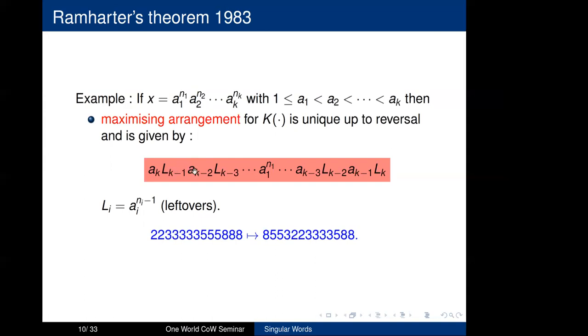Then you go here and you put the next largest integer, the leftovers go here, and you continue in this way. So I just worked out a simple example. The word consisting of 2, 3, 5s, and 8. You put your first 8 here, leftover 8s go there. Next largest integer is a 5, you put it here, leftover 5s go here. Then you put your 3, leftover 3s, and the 2s get crammed in the middle. Okay.